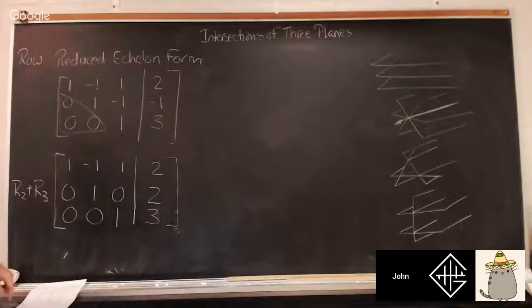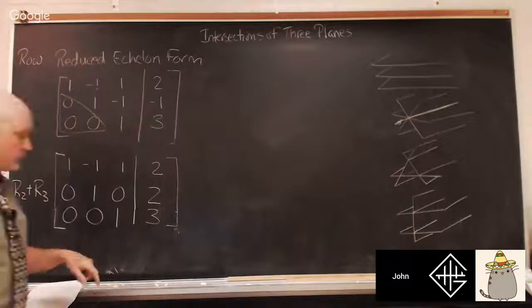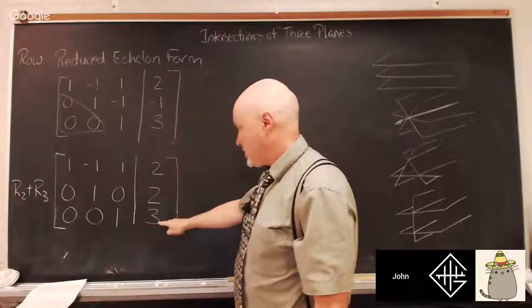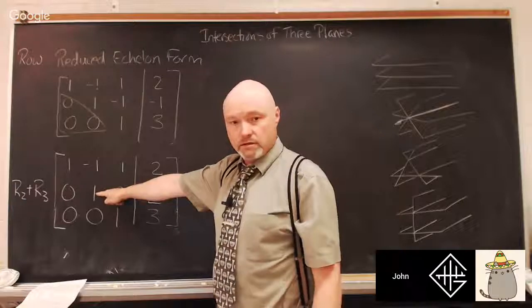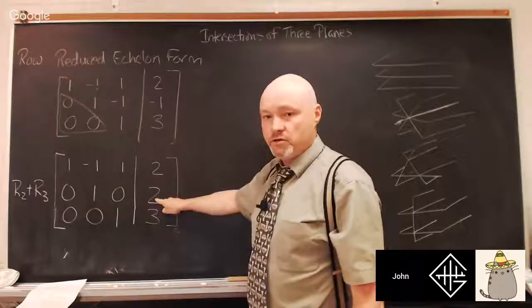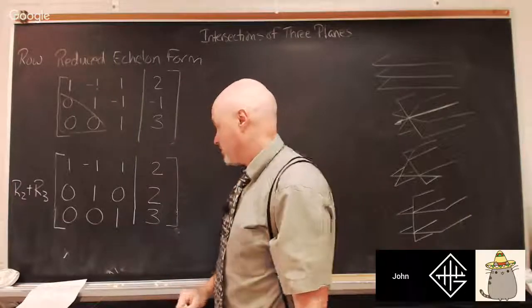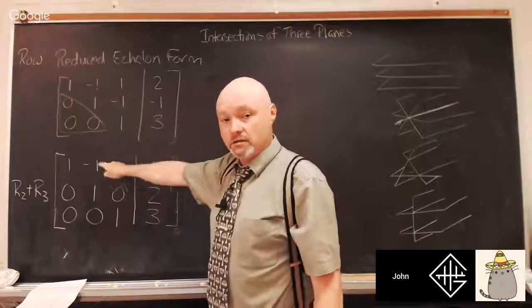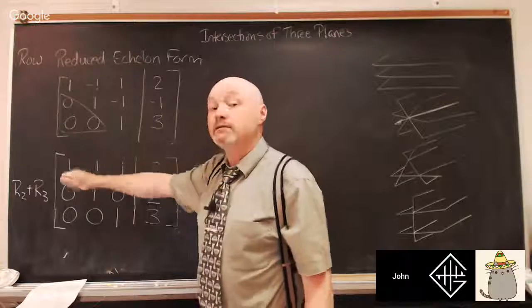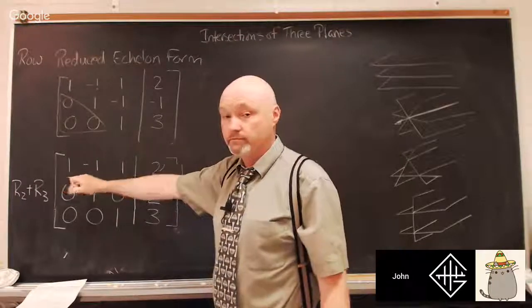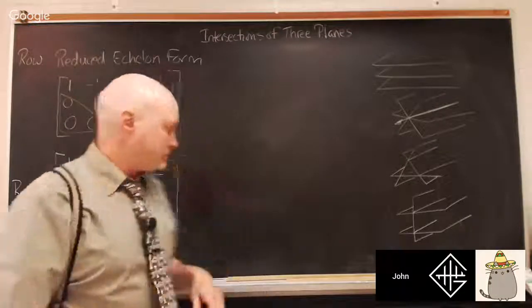There we are. Okay. So far, here's what I know. Z is 3. Now, look at this. This tells me right away that Y is 2. Okay. Now, we're just going to do one more magical thing. That is, we're going to make the coefficients of the Z and Y disappear from row 1. Now, just a word of caution.